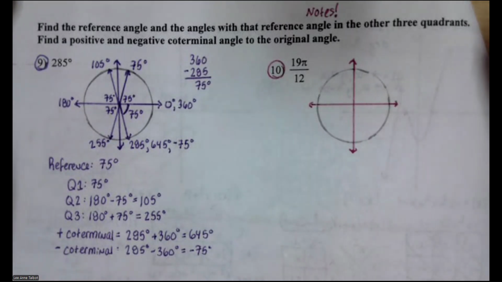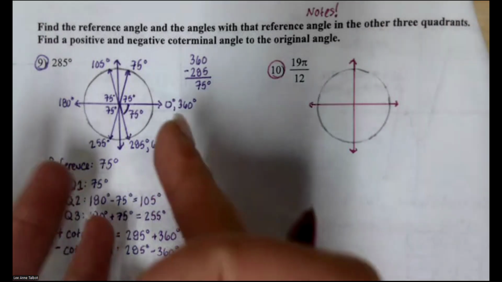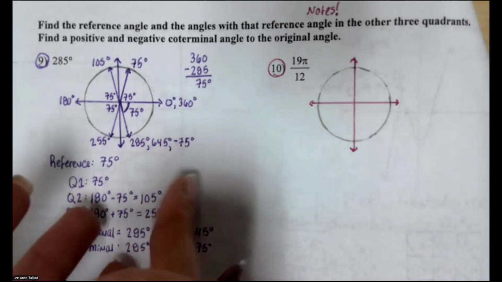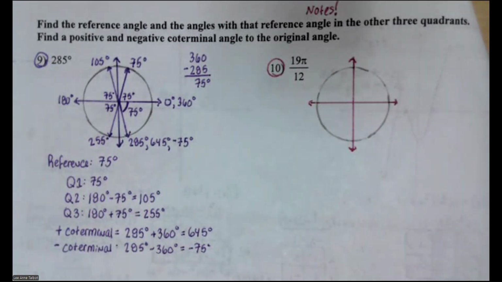Here's a big hint: 19 pi over 12 is 285 degrees. Shocking. I did this on purpose. I put these next to each other so that we could use this problem that you guys are really familiar with and apply everything to this problem, which you guys are not super familiar with yet.